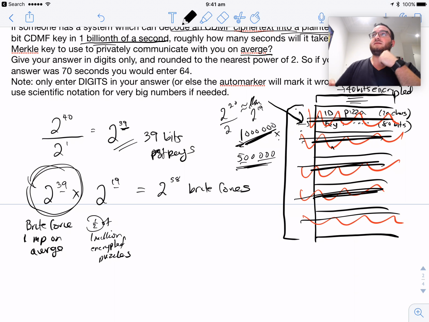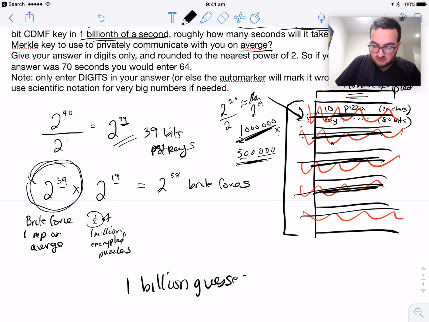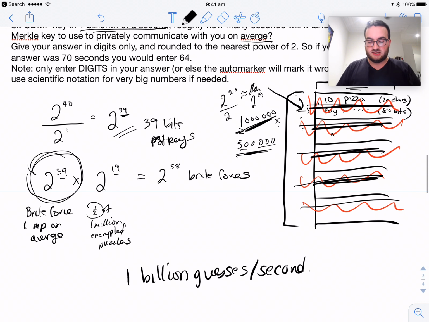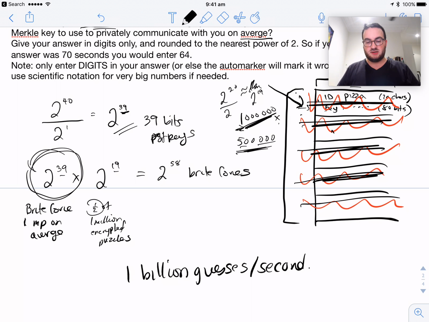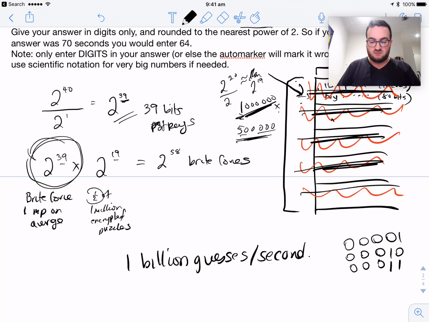So that's basically saying that we can do 1 billion guesses per second, right? Because to make one attempt, we start with the first possible key, then go to the second possible key, and each time we encrypt it and compare it. So essentially we can do 1 billion guesses per second.